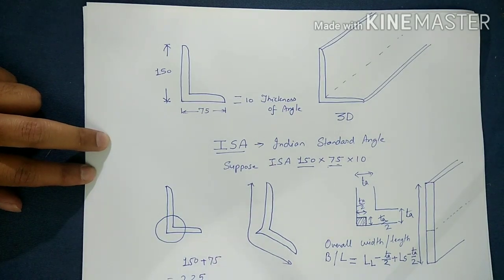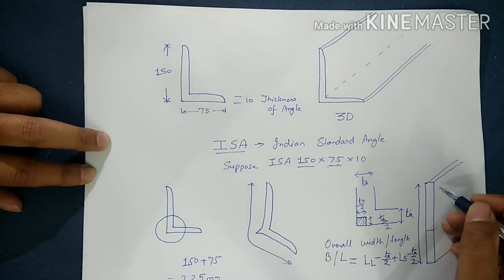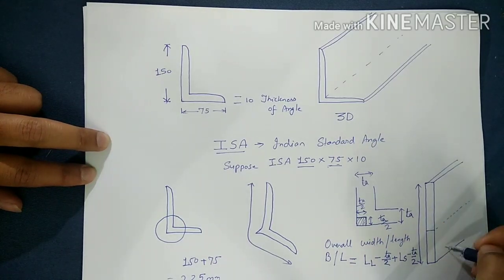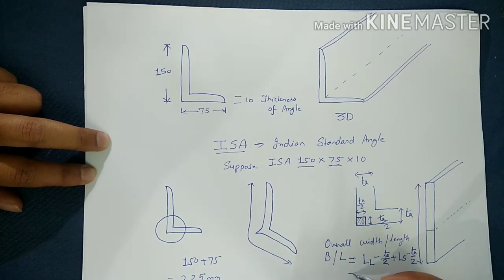So it will be 225 mm as total width of the angle. But when it is fully straight or flattened, the overall length reduces.